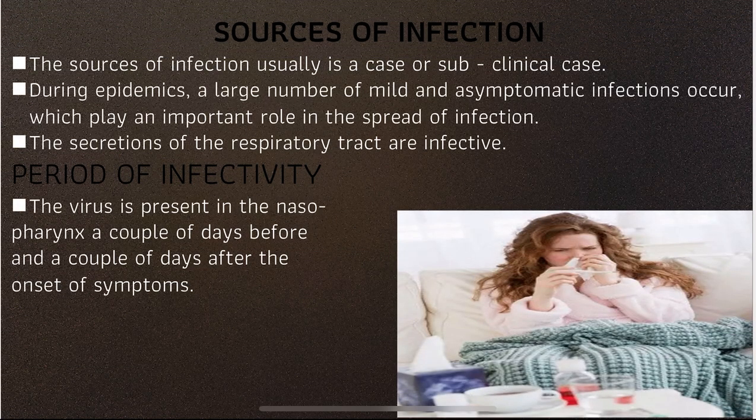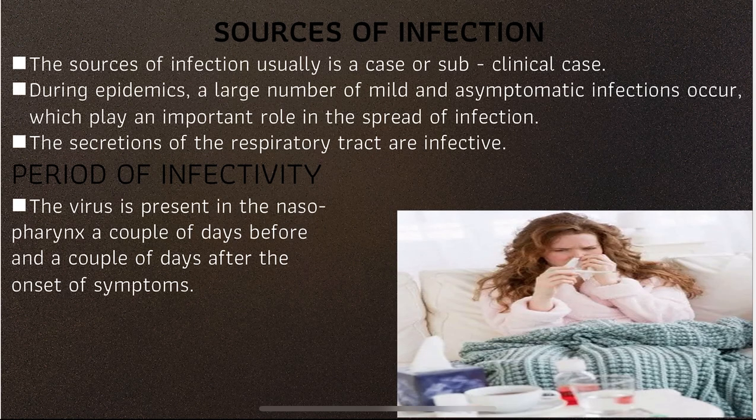During epidemics, a large number of mild and asymptomatic infections occur, which play an important role in the spread of infection. The cases usually come to the hospitals, report, and take the required treatment. But the subclinical cases, asymptomatic or mildly affected ones, will not report. They will roam around in the community, unaware, spreading the infection.